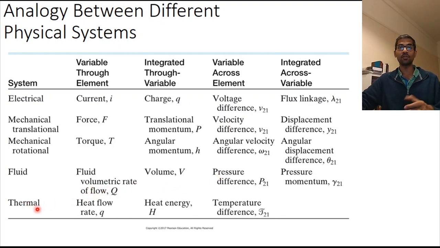In thermal systems, you have heat flow, heat energy, and temperature difference. So, what I'm trying to say is that if you're able to model one of these systems, then you should be able, with some instruction, to model different kinds of systems.